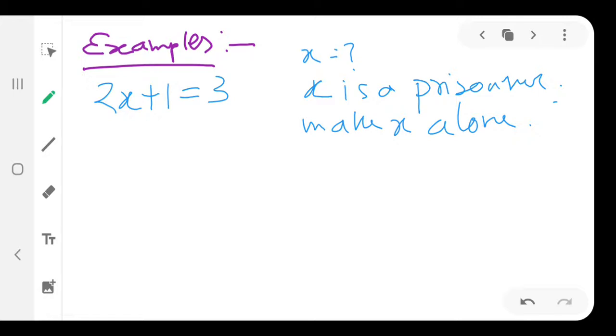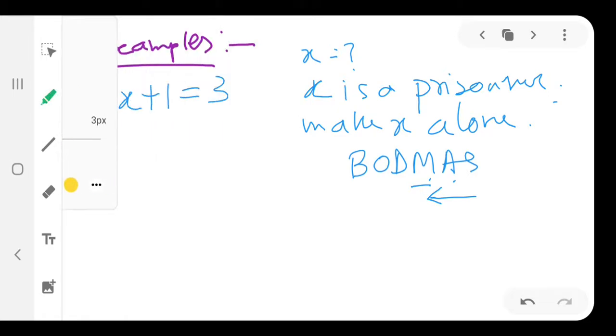So we have to do it step by step. We know the BODMAS rule, right? Multiplication is first and then addition. So to make x alone, we have to come from this way: first subtraction, addition, then multiplication. Here the part added with 2x is 1.